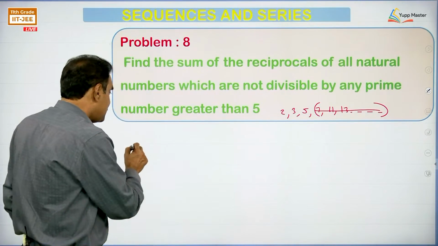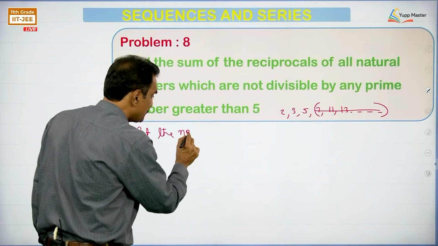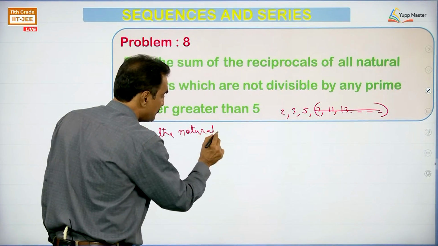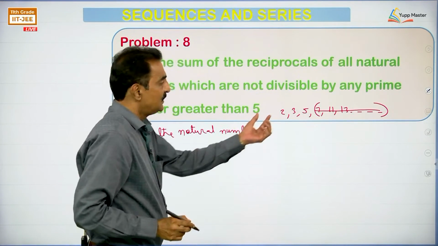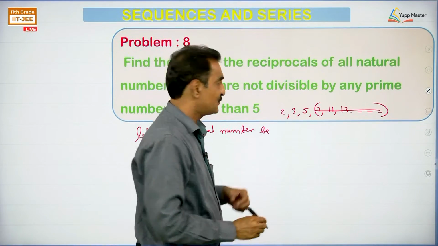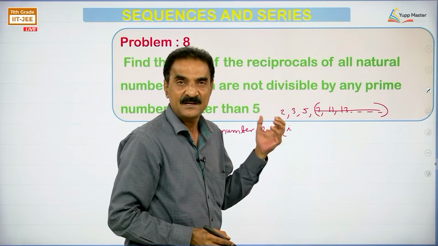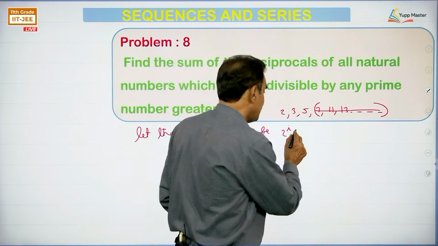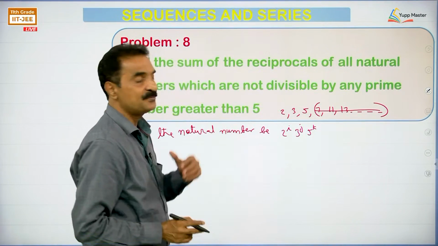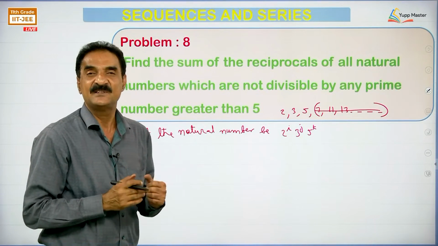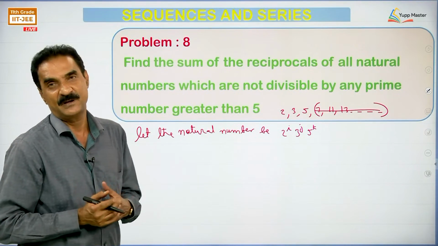So, let the natural number be, let us suppose we have taken i 2s, multiplying i 2s you will get 2 power i, and let us suppose we have taken j 3s, then the product will be 3 power j and similarly 5 power k. So, we can assume the natural number which is not divisible by any prime number greater than 5 as 2 power i, 3 power j, 5 power k.